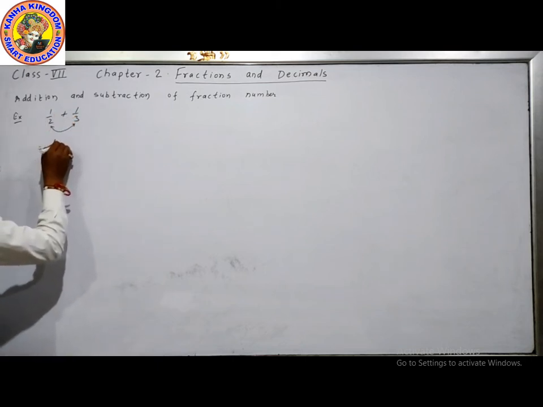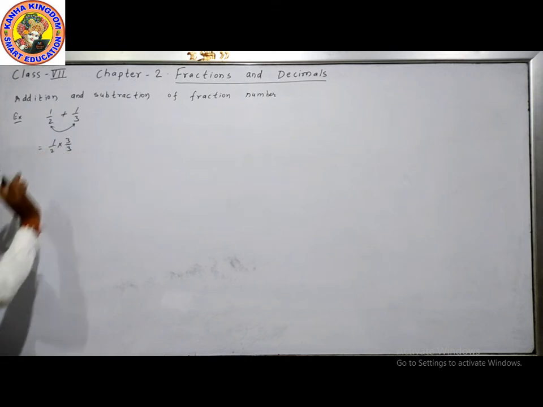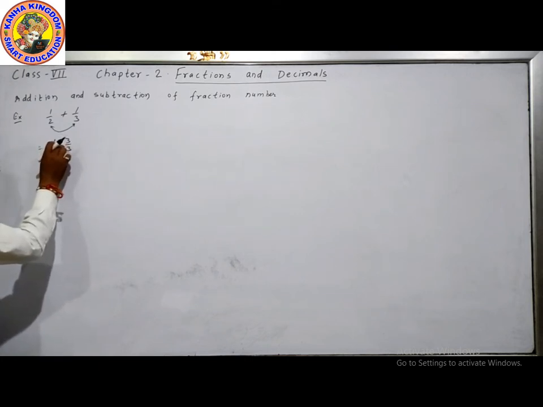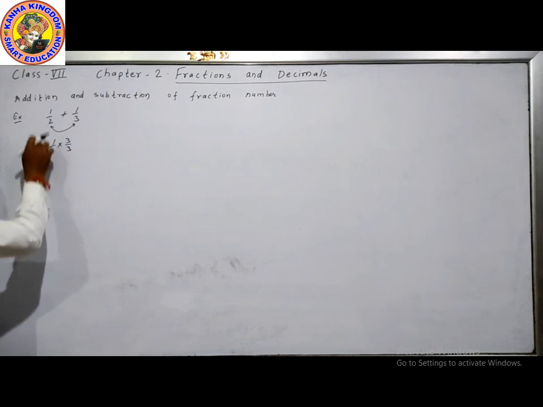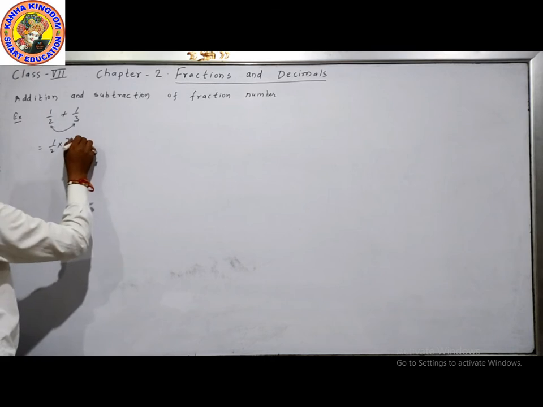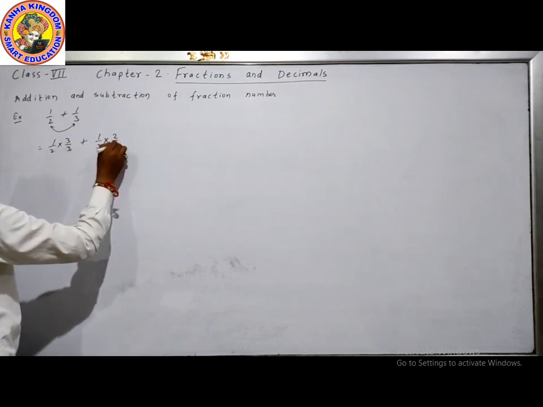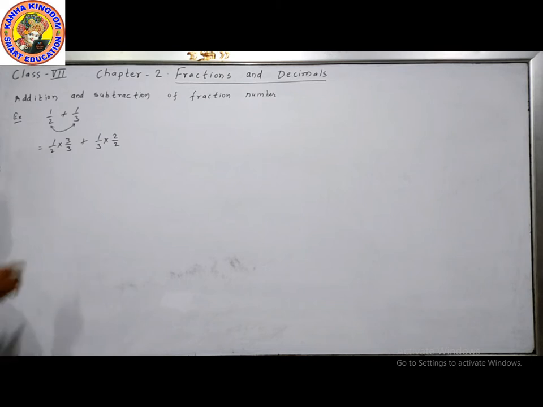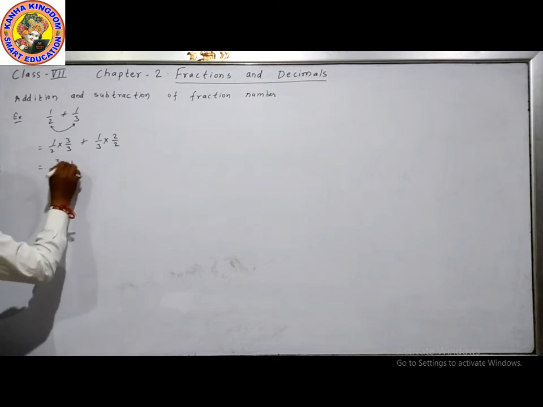So 1 by 2 multiply by 3, numerator and denominator both are multiplied by 3, this gives 3 by 6. Plus 1 by 3 multiply by 2, this is 2 by 6.